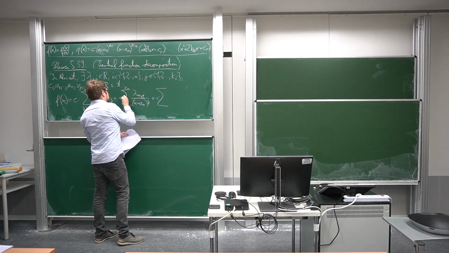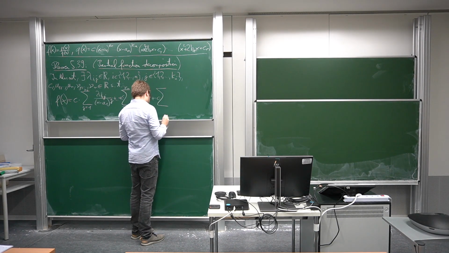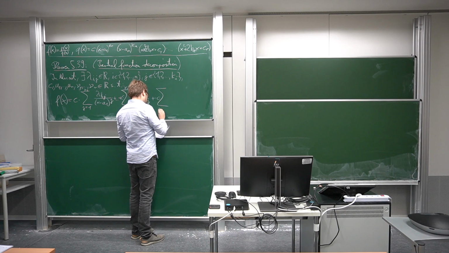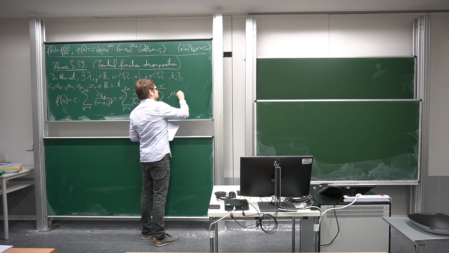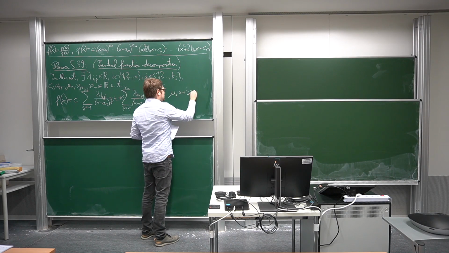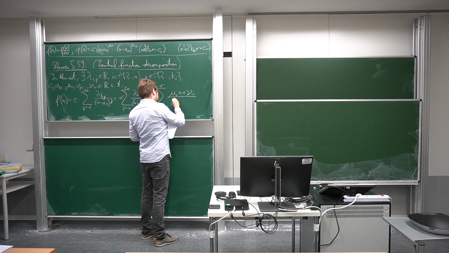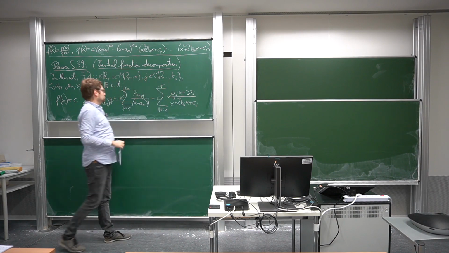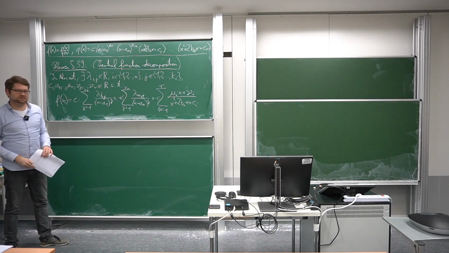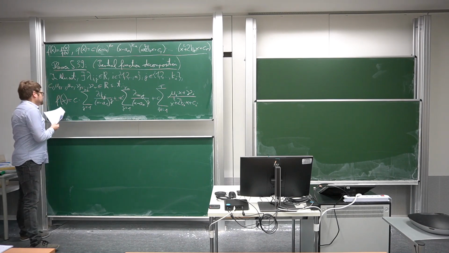Oh, I forgot to add the c here. c times, and now we go from i equal to 1 to r, mu i x plus nu i divided by x squared plus 2bix plus ci.